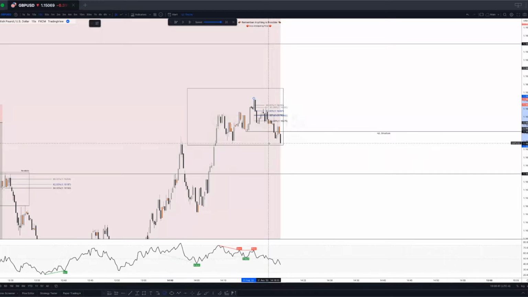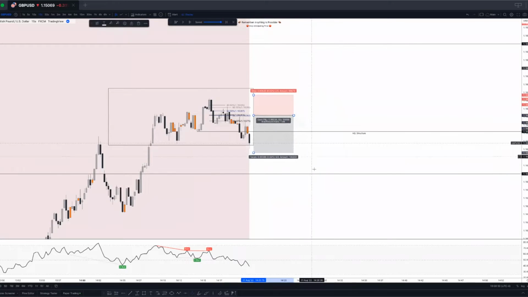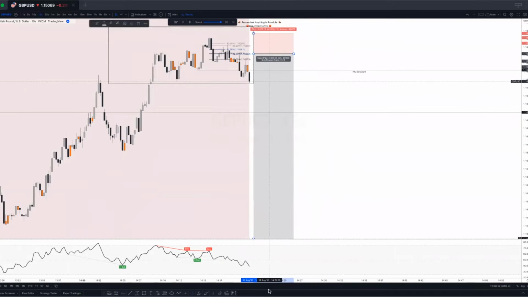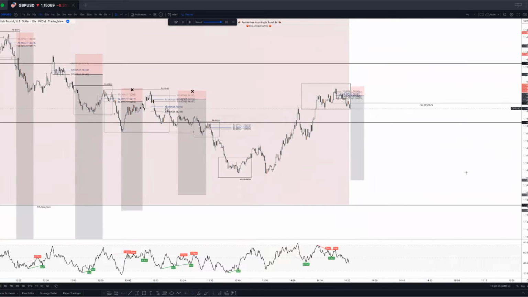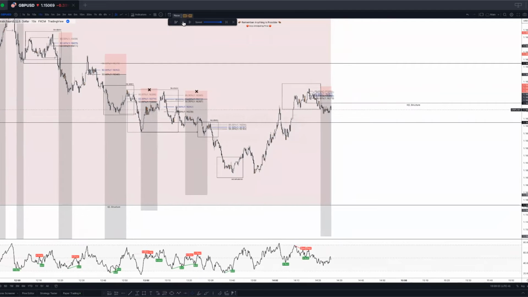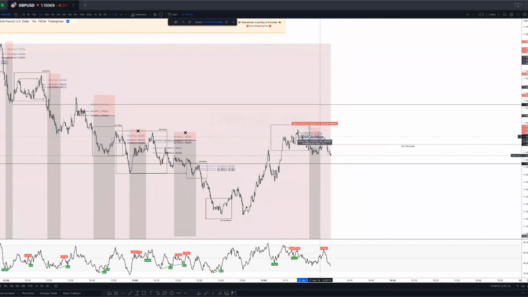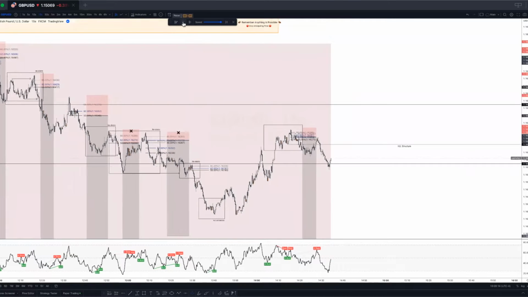All right, so 62.5. Is it going to tap us in? And did it tap us in? It did tap us in, so we are tapped in. See what happens.